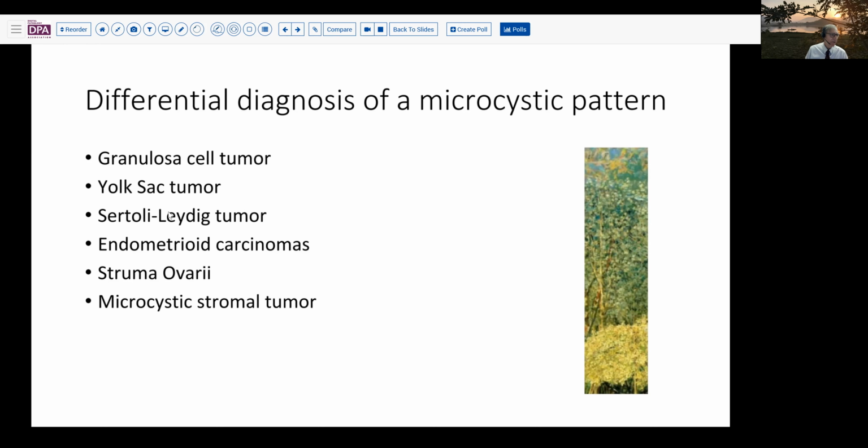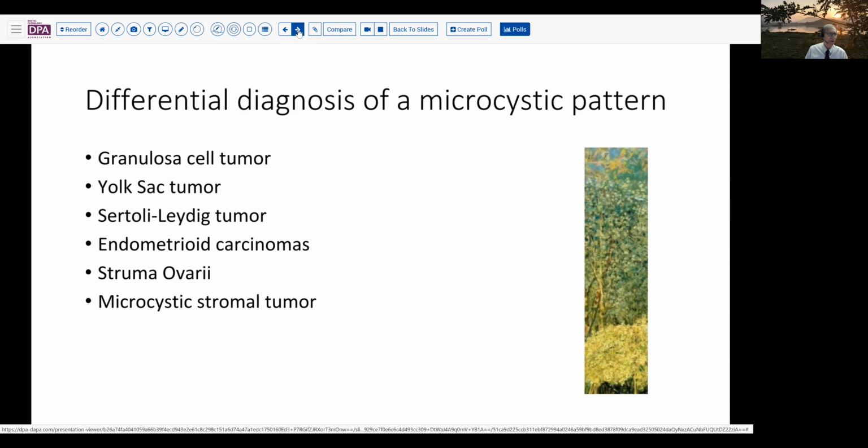We didn't see evidence of luteinized change or Leydig or tubular formation. Some endometrioid carcinomas can have a microcystic pattern, as could struma ovarii. And then there's a stromal neoplasm, the microcystic stromal tumor, which of course is classic for having a microcystic pattern. But that's a very rare entity, and so not something that's frequently encountered.